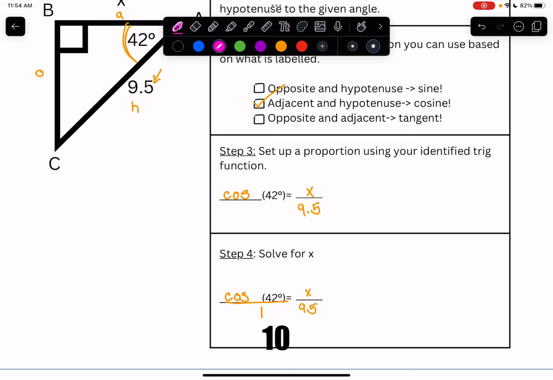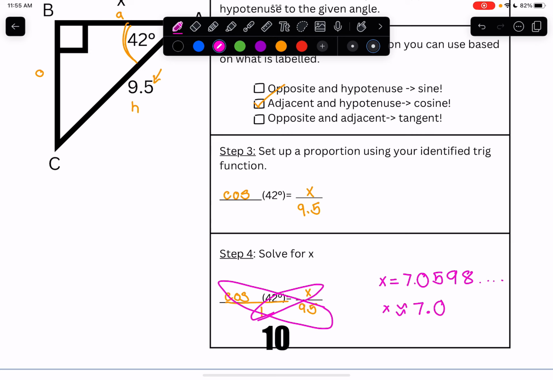Now you cross multiply. x is equal to, and now in your calculator, you're going to use cosine 42 times 9.5. And you should get that x is equal to 7.0598..., which I will round to the nearest tenth, which is 7.0.